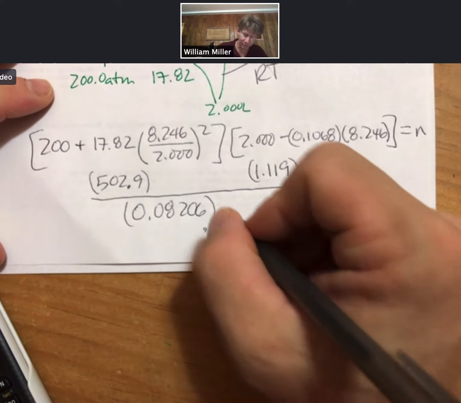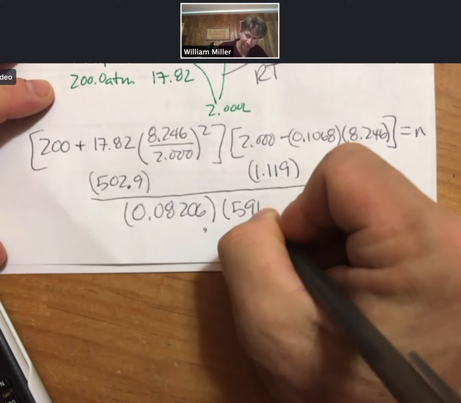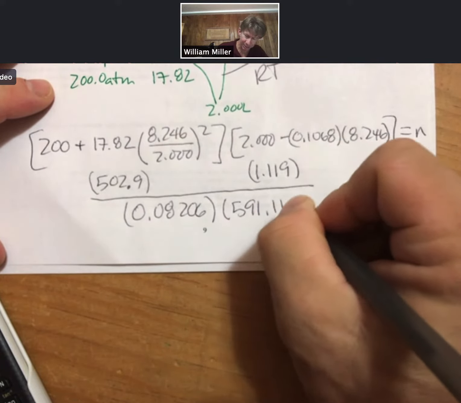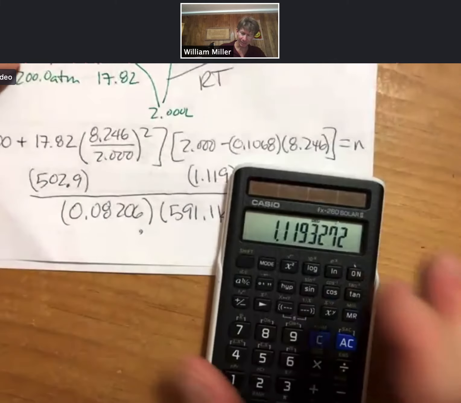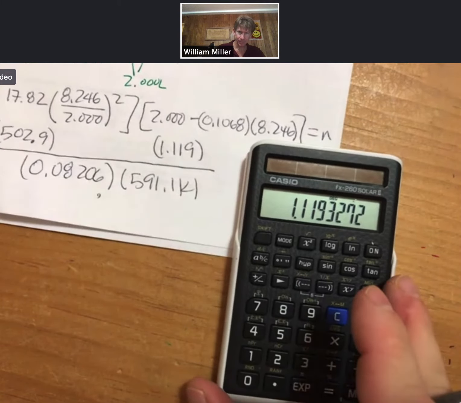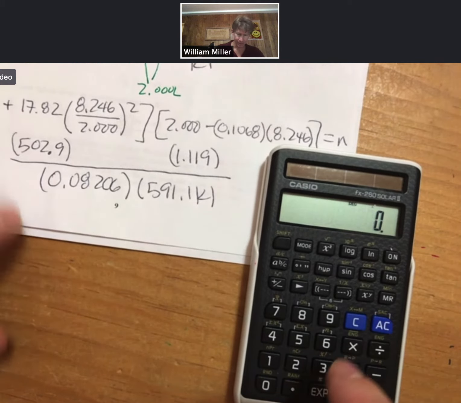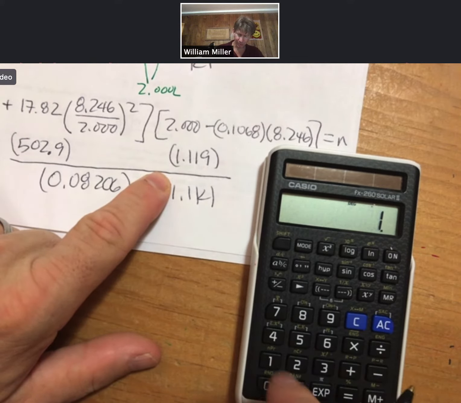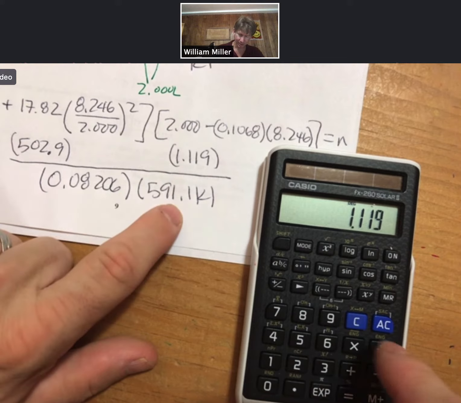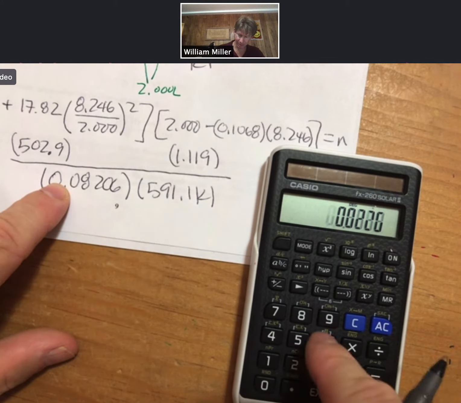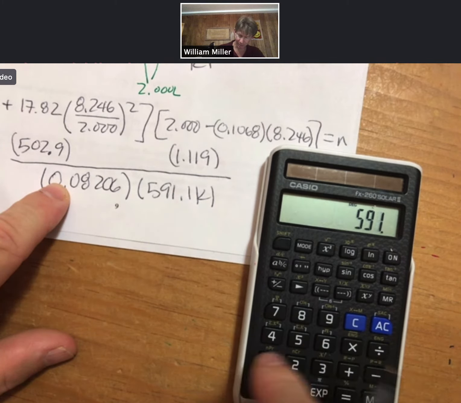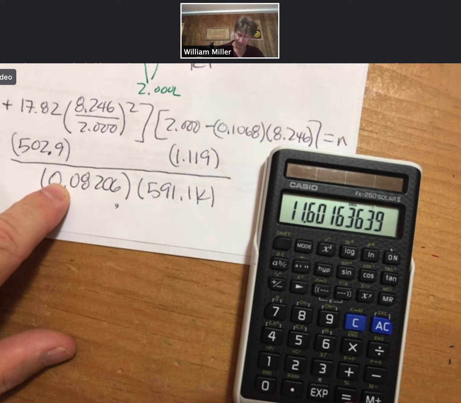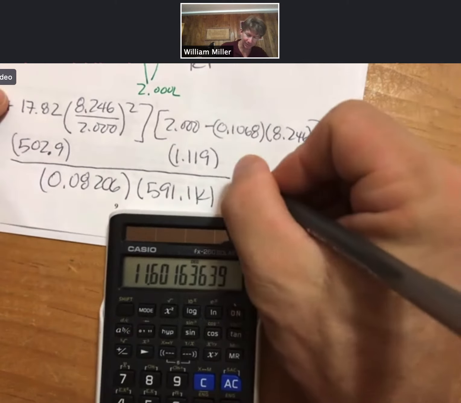My boiling point is 391, so now I'm at 591.1 Kelvin. So 502.9 times 1.119 divided by 0.08206 divided by 591.1. I get 11.60.